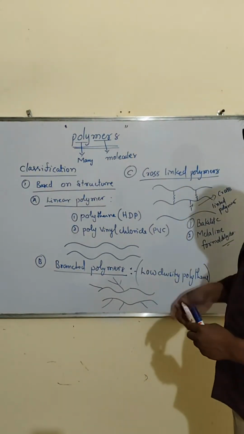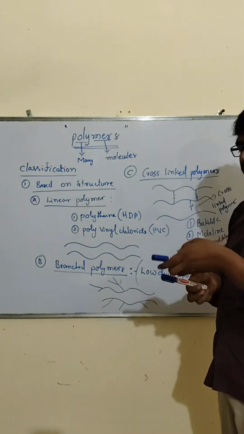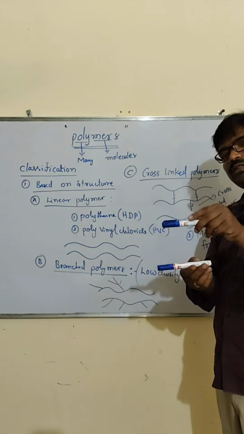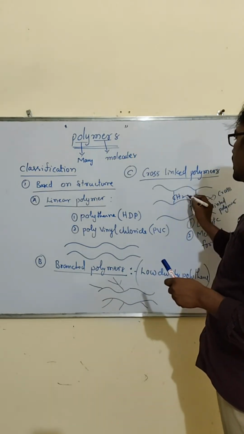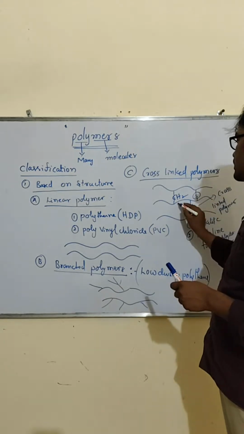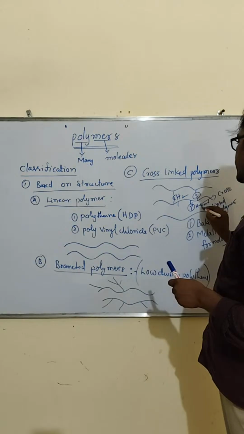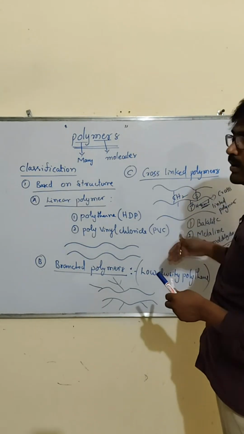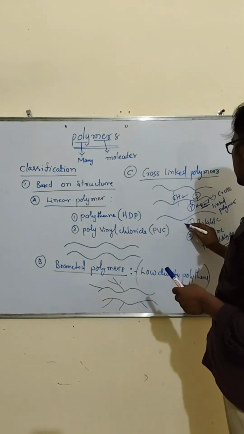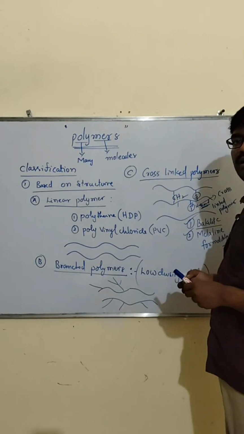Then next, if you take cross-linked polymers, in between the linear chains, either CH2 units, the cross links with the CH2 units, or otherwise disulfide bonds, then otherwise hydrogen bondings. So in between them, these bonds will be formed, that we call cross-linked polymers. Example for the cross-linked polymers are bakelite, then melamine formaldehyde resin.